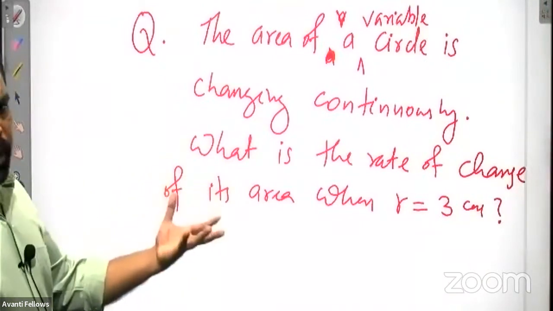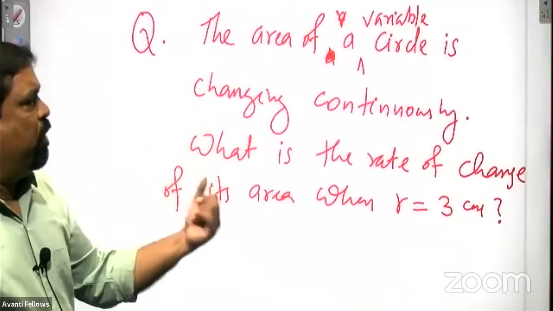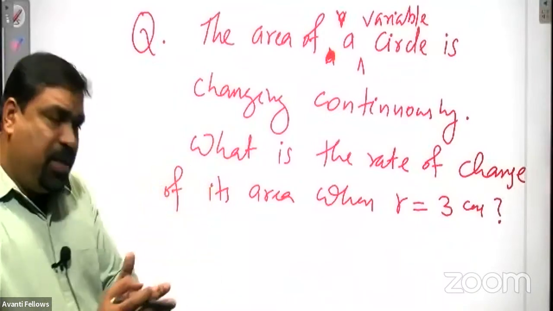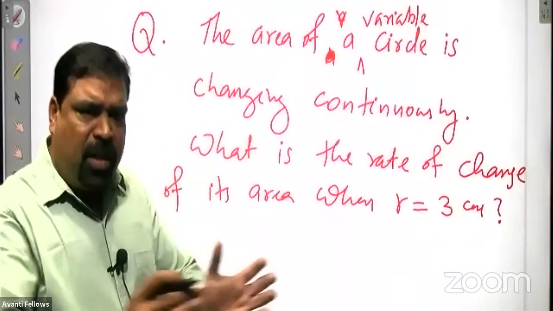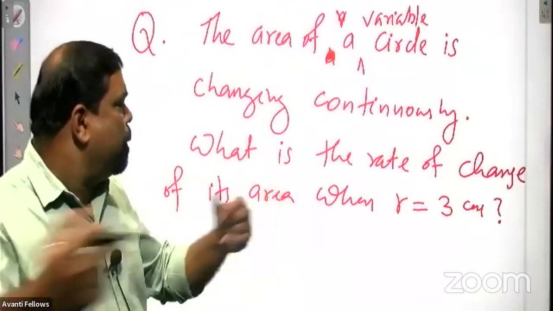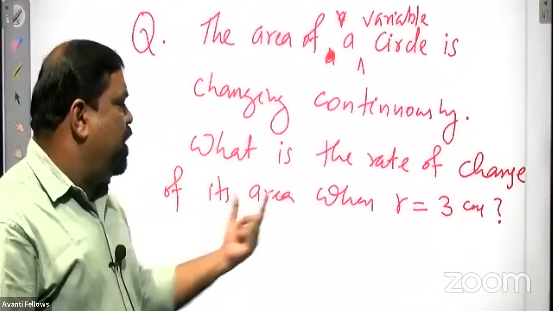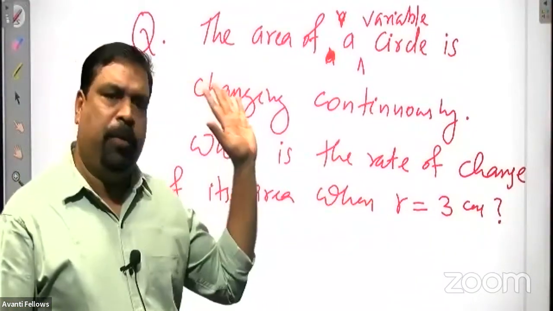A very simple problem, what I have discussed just now. There is a circle whose area is changing continuously. The radius is changing continuously, so automatically the area is also changing continuously. So what is the rate of change of the area at the instant when r is equal to 3 centimeter?